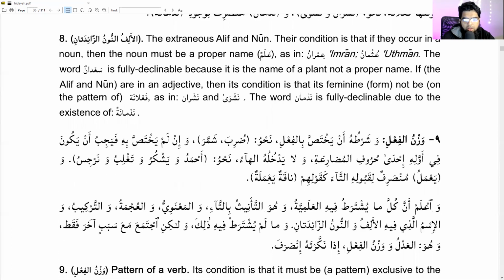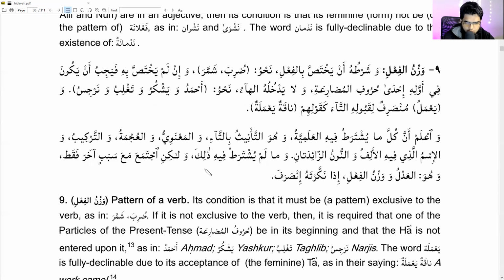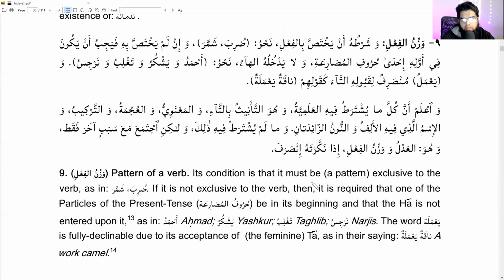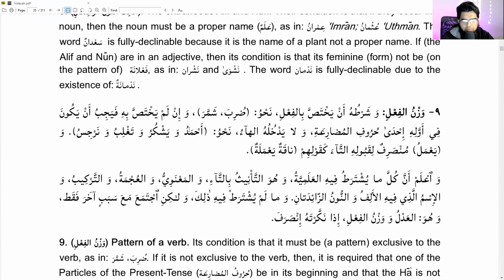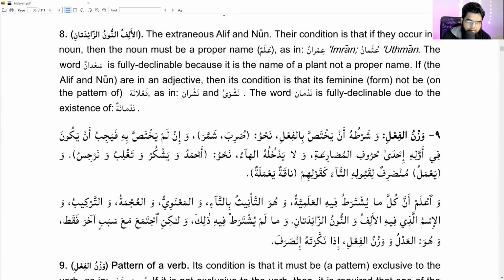وزن الفعل نحو أحمد ويشكر وتغلب ونرجس. That is required, and that ha should not be entered upon it, as in Ahmad, Yashkur. So if somebody puts his name as Ahmadu, I praise him. This is غير منصرف. Yashkuru, he thanks.